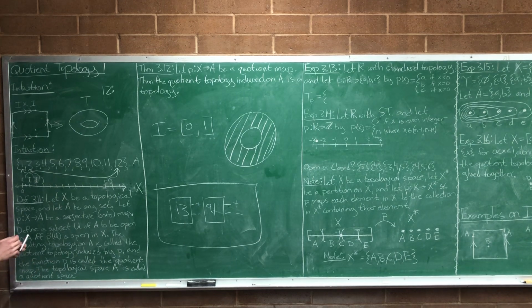If I just give you that P is a function from X to A, what do you already know, ignoring all other information? You already know that everything in X maps to something in A. Now it's saying everything in A is mapped to from something in X.